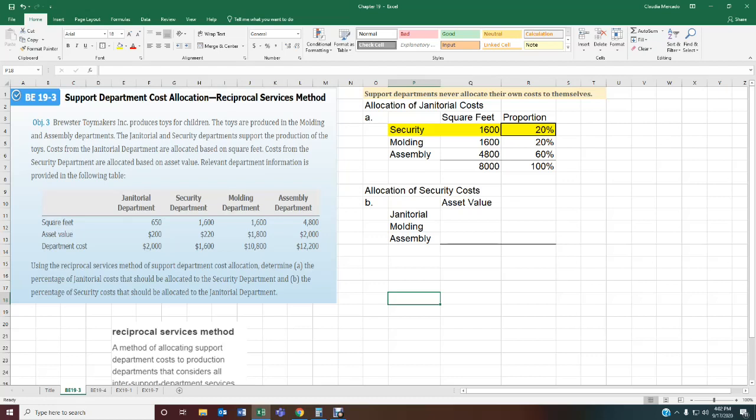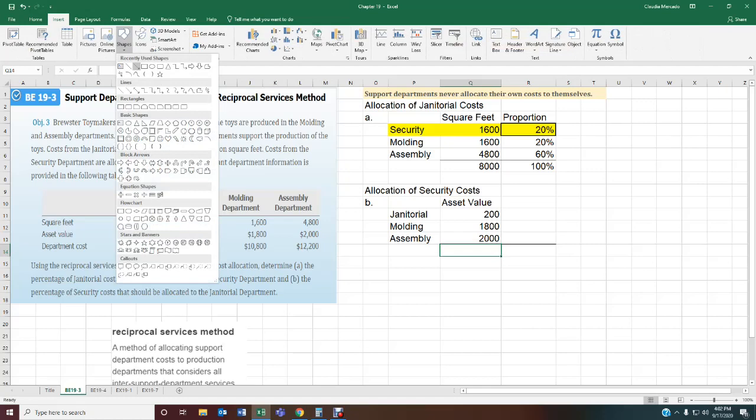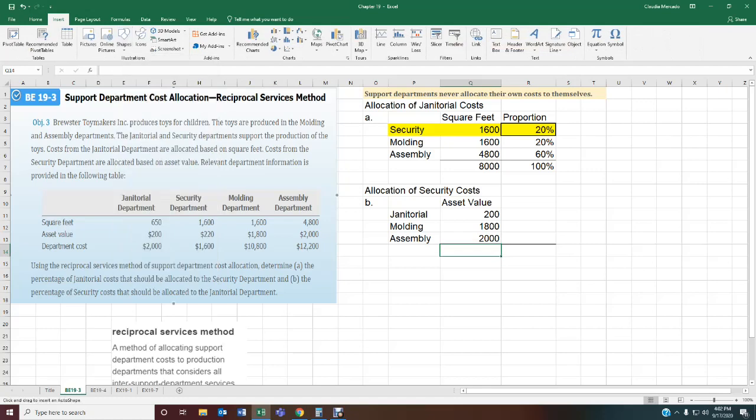Now it says here that costs related to the security department are allocated based on asset value. So we're going to look at our asset value for the janitorial department. That's 200. For the molding department, that's 1800. And for the assembly department, that's 2000. Where am I picking up those? I'm picking up those from right here.